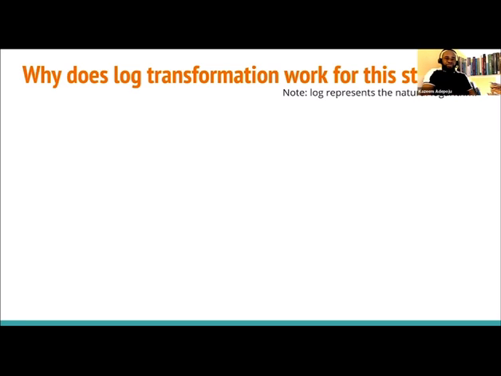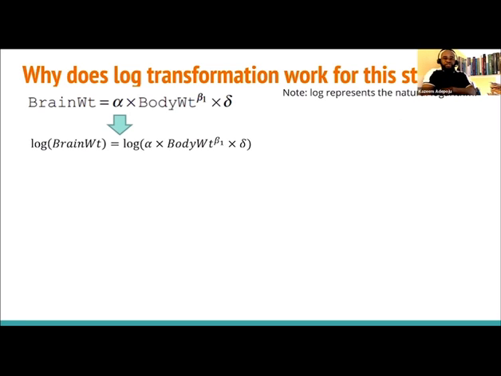I think I've already told you how it works. And if you want to look at that mathematically, this is the origin of the formula. Brain weight equals alpha multiplied by body weight raised to the power beta 1, multiplied by delta. Initially, a linear relationship does not exist between the brain weight and the body weight.